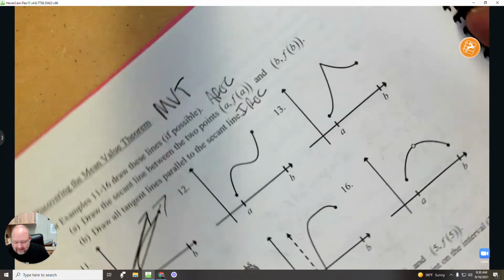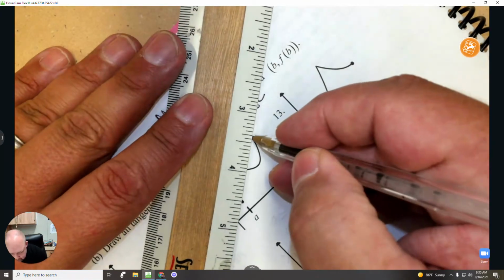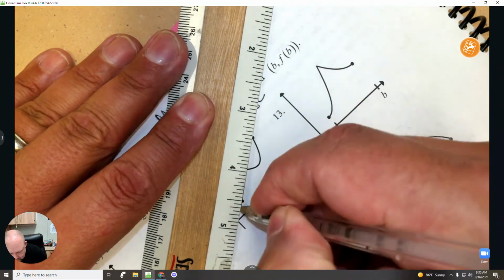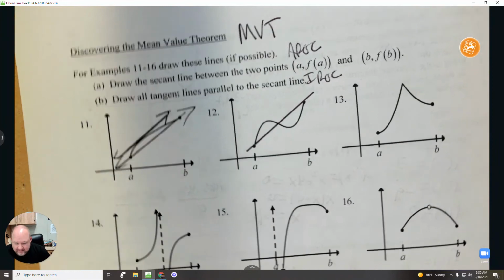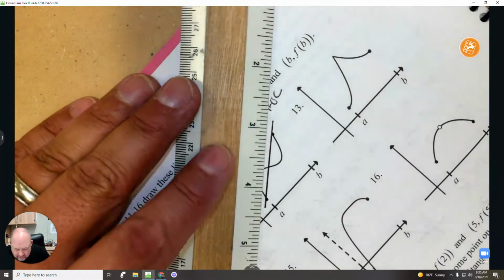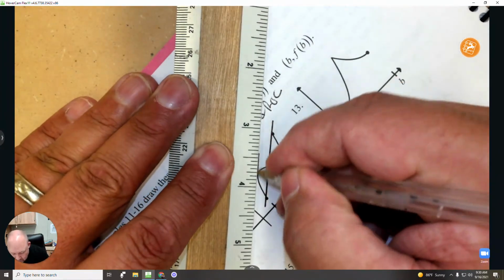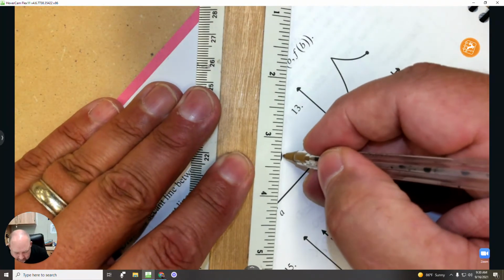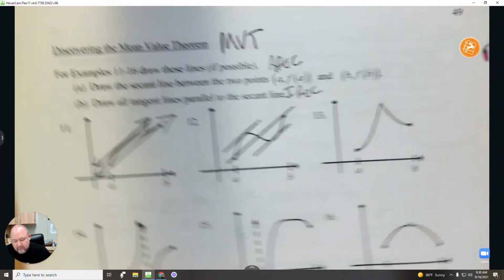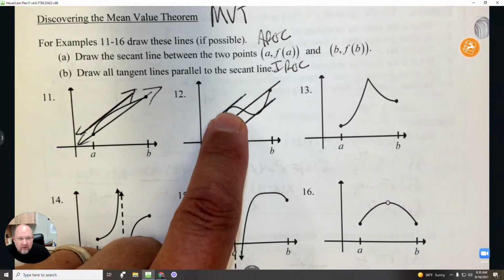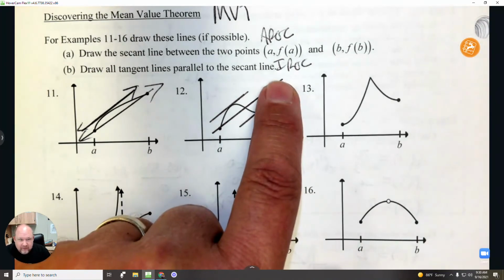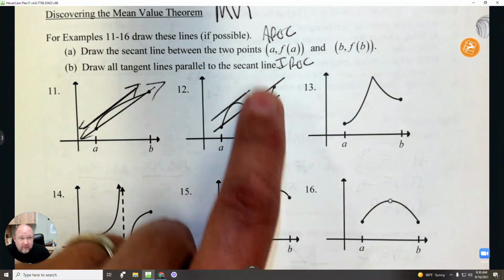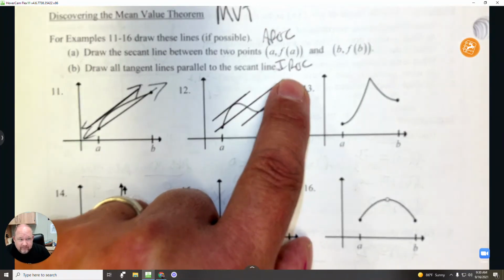So here, if I connect A to B, that's called a secant line. That's the average rate of change. Then, is there a tangent that gives me the exact same slope? That would mean it's parallel. So do you notice that there are two moments where the tangent is parallel to the secant? So those are two moments where AROC equals IROC.